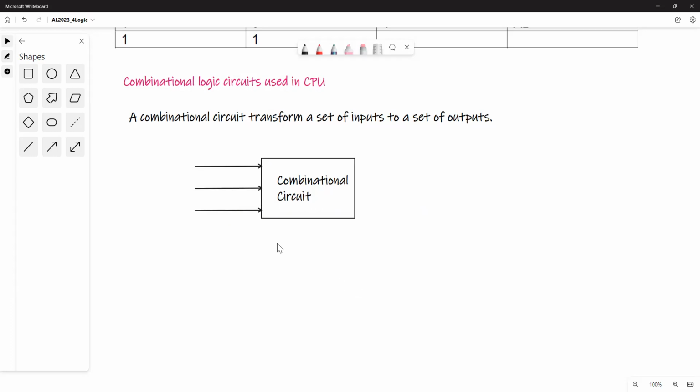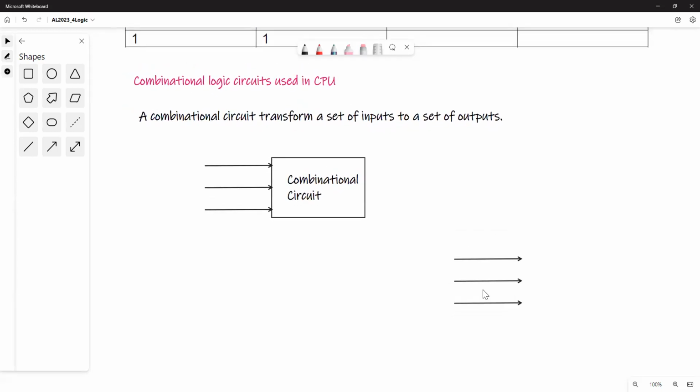Yeah. And then you will have a set of outputs as well. Right? There'll be a set of outputs as well.